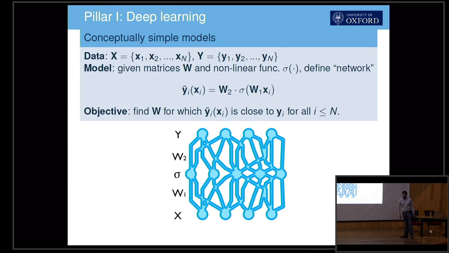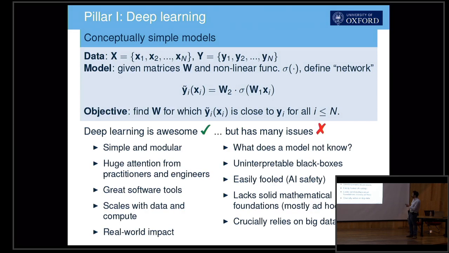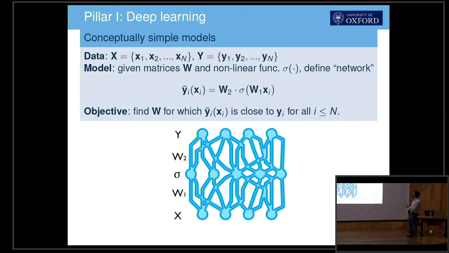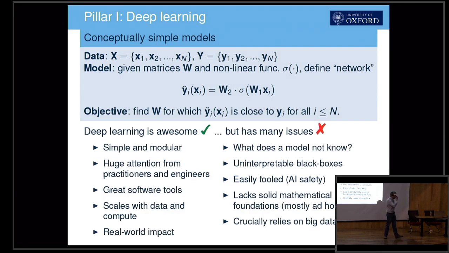I'm going to build a model, which is basically going to be an affine transformation of x and then squash it through some nonlinear function, do another affine transformation. I'm going to get y tilde, and my task is to find some w's for which y tilde is as close as possible to y. That's deep learning.